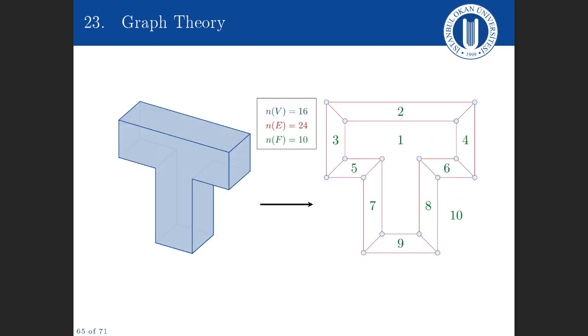Or if we had some sort of 3-dimensional object like this capital T, again, take one of the faces off, throw it away, squash it flat, we would have a graph like this. Both the 3-dimensional object and the graph have 16 vertices, 24 edges, and 10 faces.